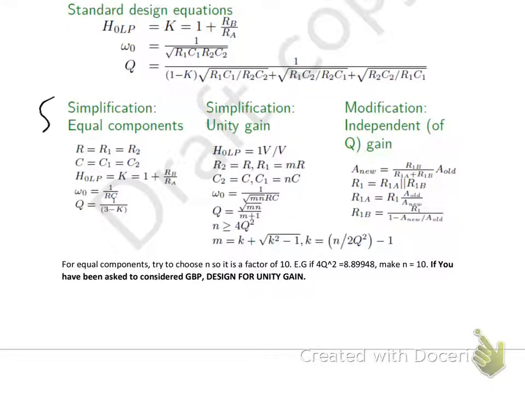You've got your equal components, your unity gain, and the modification, which is independent of gain. So you can choose any of these 3 ways to design your amplifier, but there is a little bit of a note that I made here. There should have been unity gain.